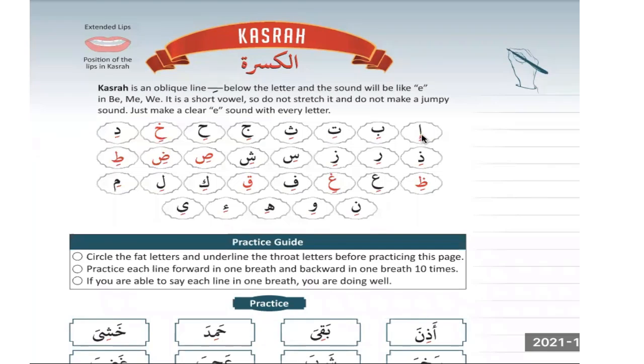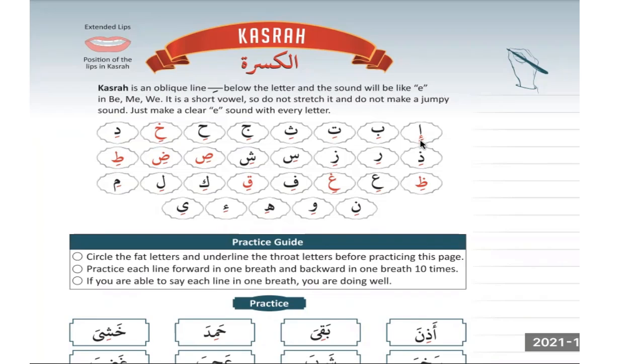Kasra. I know it's maybe a little hard for you guys to remember Fatha and Kasra, but if you just keep practicing, it will become easier. It is called Kasra.